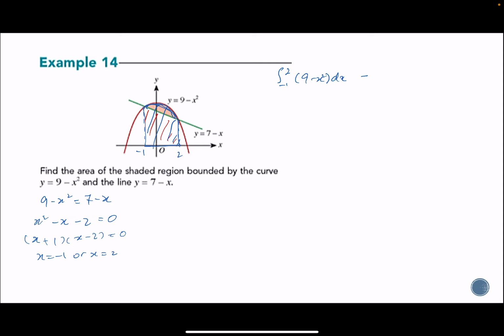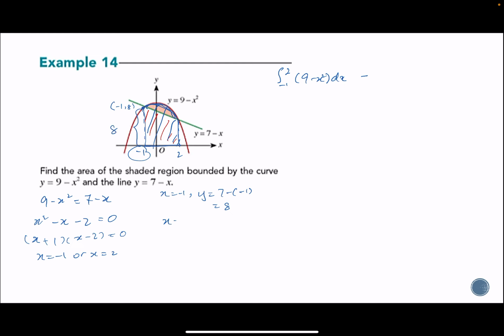But the problem is that to minus off the trapezium, we do not know the height here. So what we can do is find the y value for this coordinate. So when x is negative 1, y is 7 minus negative 1, we'll get this as 8. So this coordinate here is negative 1, 8. So here it's going to be 8 units.